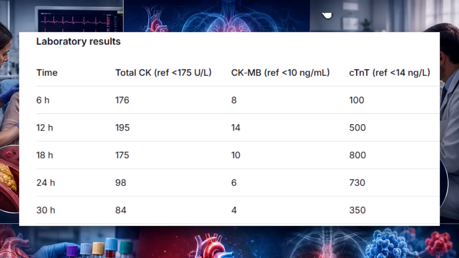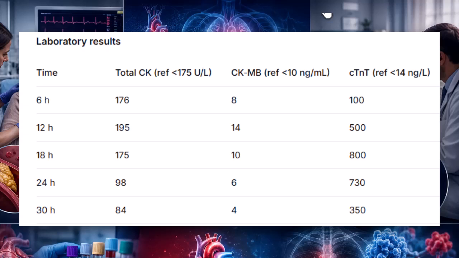Troponin T was 100 nanograms per liter. At 12 hours, total CK was 195 units per liter. CKMB was 14 nanograms per milliliter. Troponin T was 500 nanograms per liter.